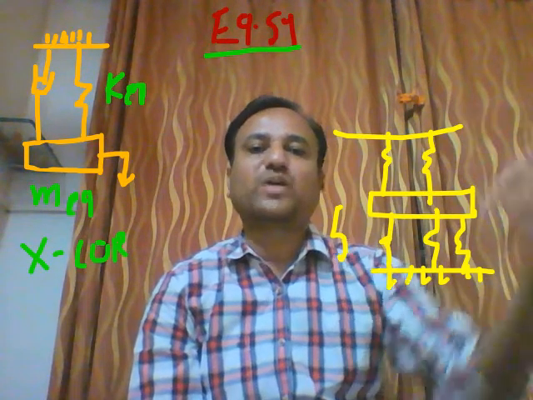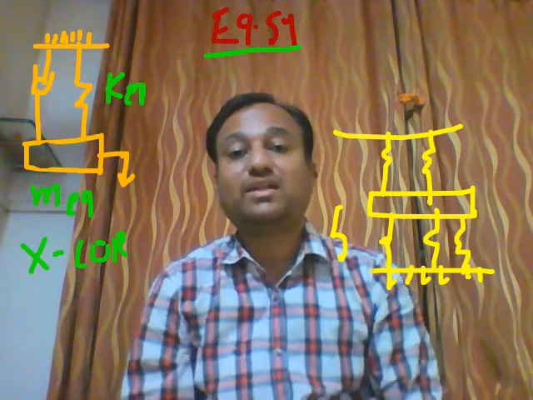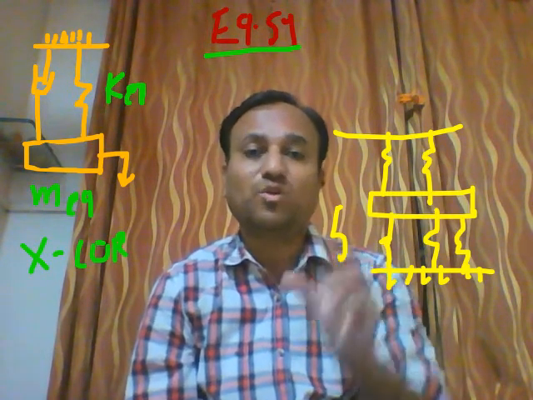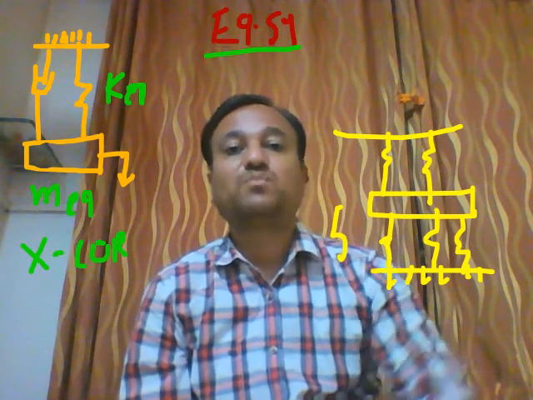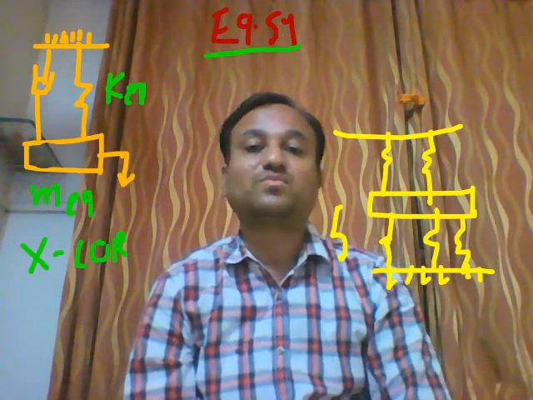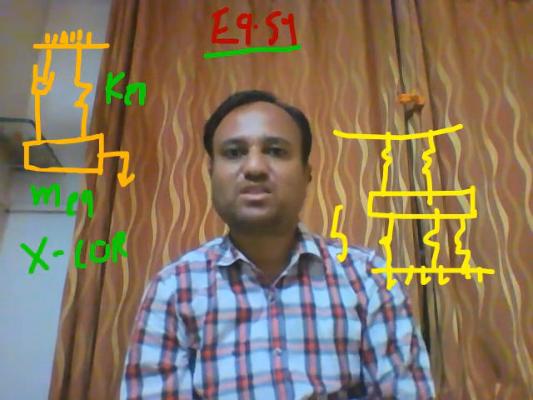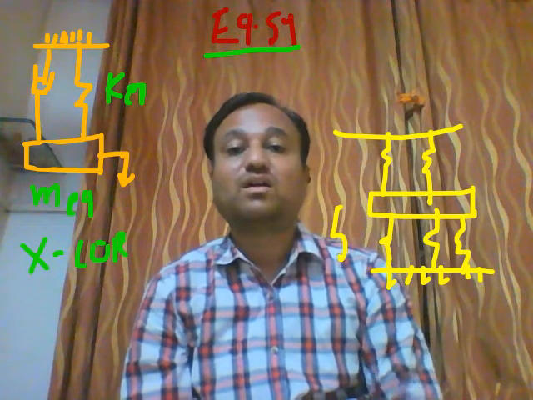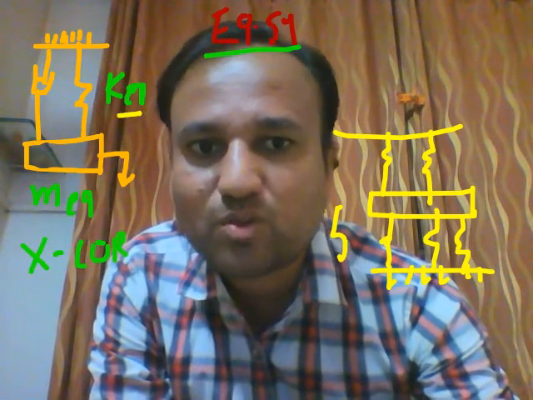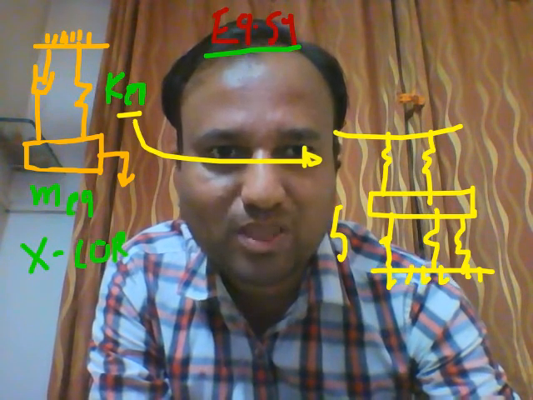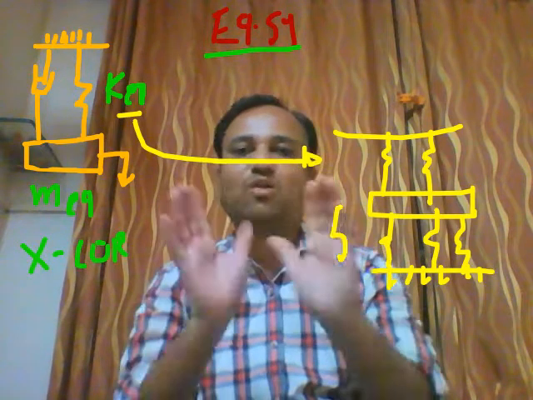For the combined equivalent stiffness, I must consider only one spring. So this is the conversion of a multi-spring system into a single spring, and the equivalent stiffness for that converted spring is K equivalent. So K equivalent for this multi-spring system I have calculated.